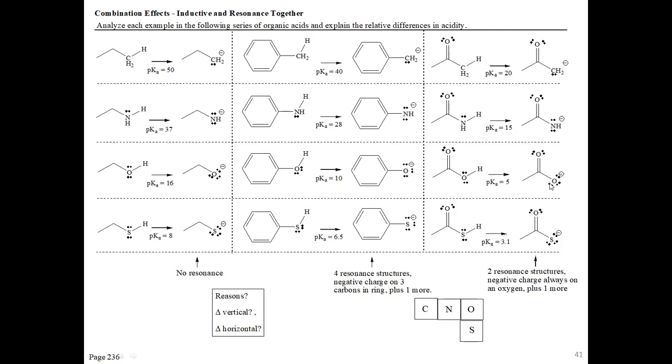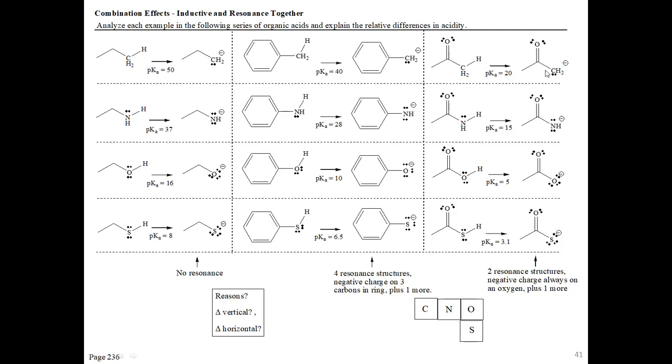And if I look at the oxygen, even lower than the nitrogen, pKa of 5, so that's 10 to the 5th times more. And if I put a sulfur there, the sulfur should stabilize it even more. So that's 3.1, about 3. And then if you look left to right, this is 40, but this is 20.